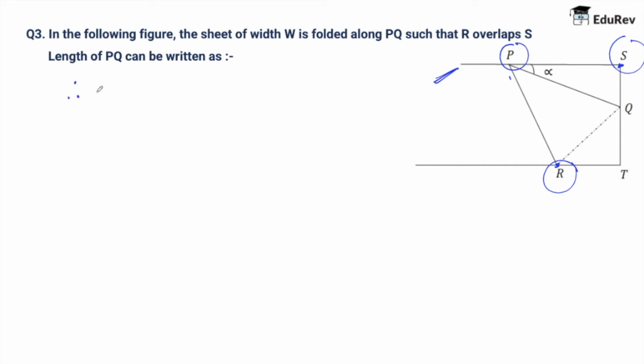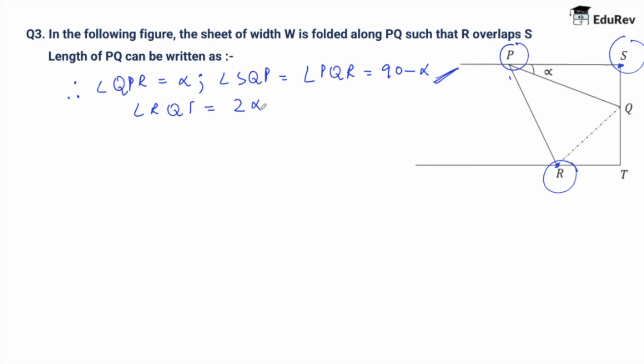Therefore, angle QPR will be equal to alpha and angle SQP will be equal to angle PQR, which is 90 minus alpha. So angle RQT will be 2 alpha, that is 180 degrees minus (180 degrees minus 2 alpha), correct? So this will be equal to this.